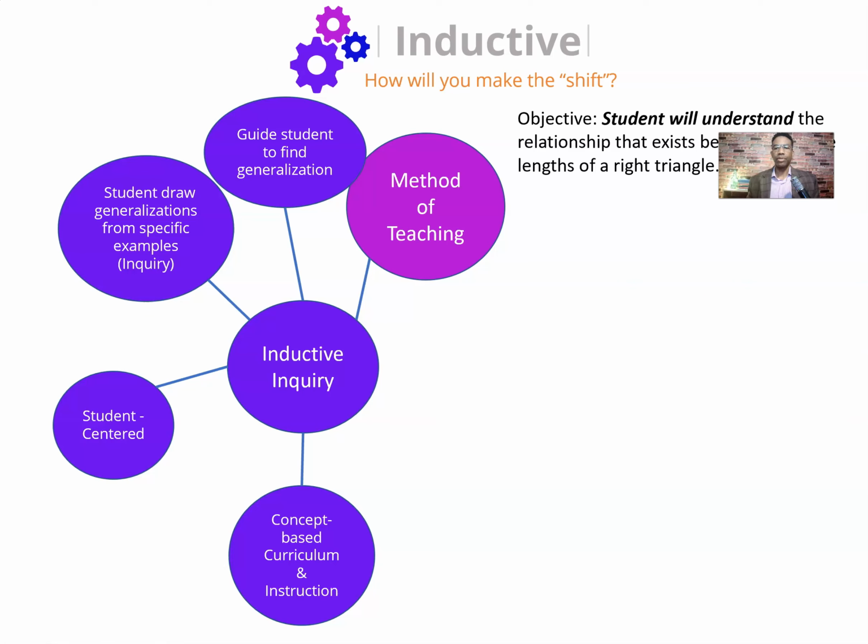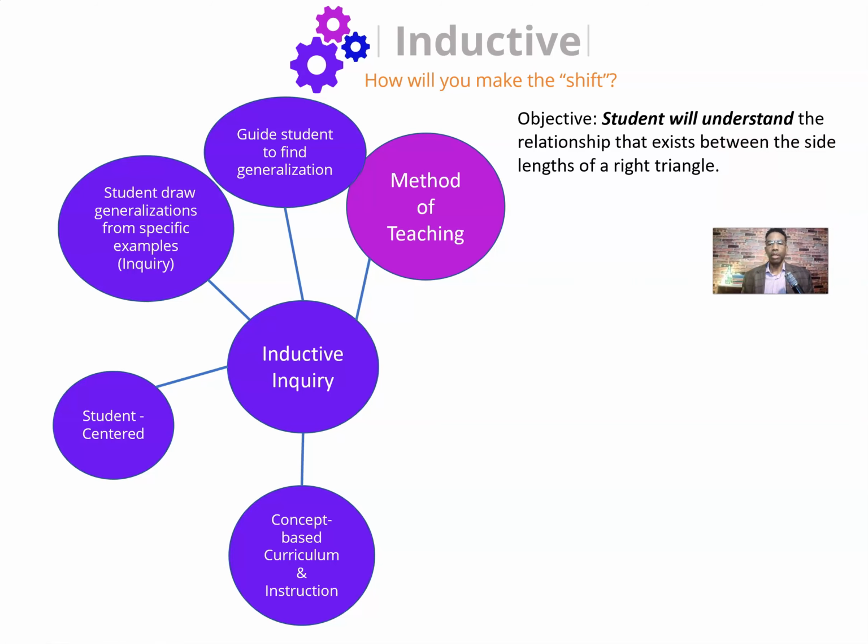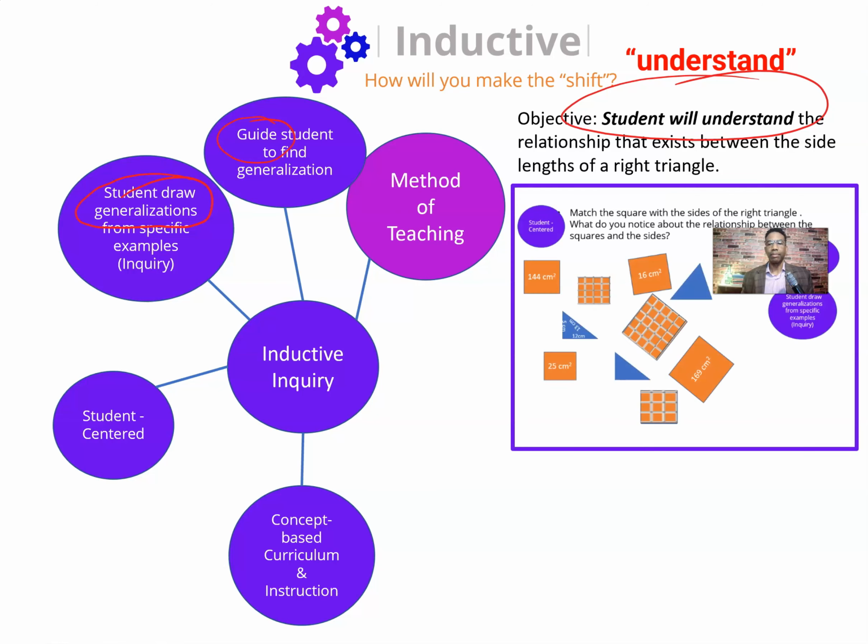Now let's compare that to inductive. Notice already a difference in the objective: the student will understand the relationship that exists between the side lengths of a right triangle. Again, teacher as the guide.